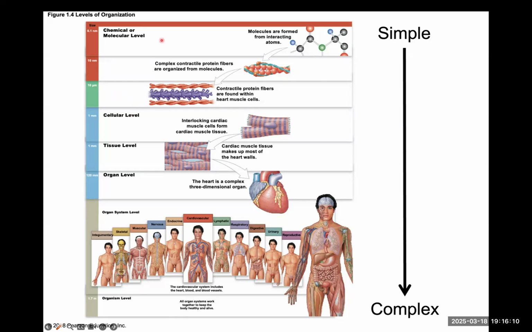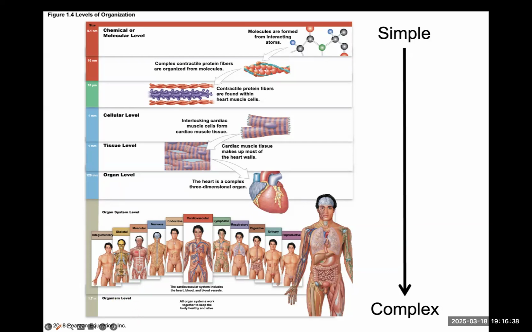You have the atoms and molecules, and you have the cellular level, tissue level, organ level. But beyond that, you have organisms. Organisms make populations, and populations make communities, and then ecosystems, and then you get into the biosphere.